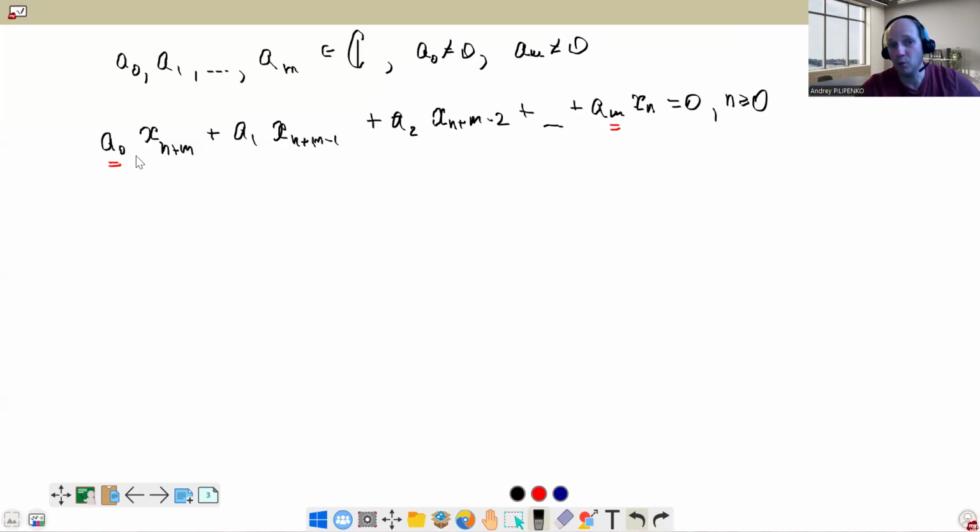By the way, if you divide by a0 and move the other terms to the right hand side, then you may see that if you know m previous numbers, x_{n-1}, x_{n+1}, x_{n+2}, up to x_{n+m-1}, then you may find easily the next one, and then the next one, and then the next one.